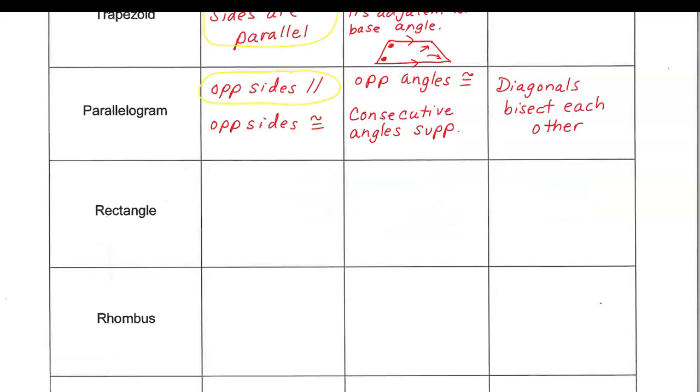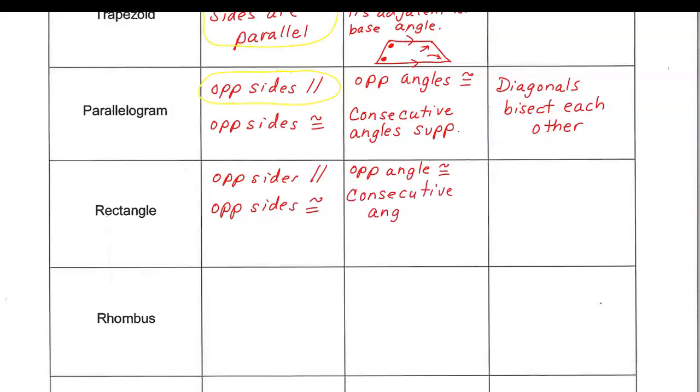For a rectangle, since the rectangle is also a parallelogram, the properties of the sides of a parallelogram also apply to a rectangle. Opposite sides are parallel and opposite sides are congruent. The angles in a rectangle have the same properties as the angles in a parallelogram, so we can say opposite angles congruent and consecutive angles supplementary.